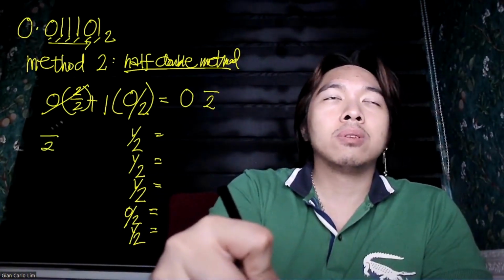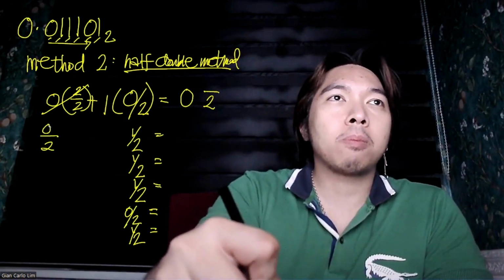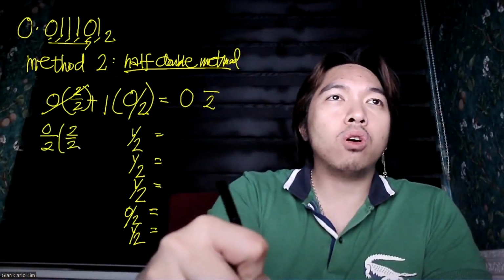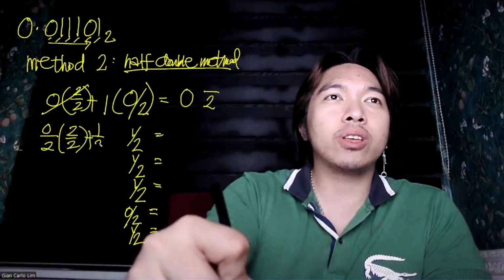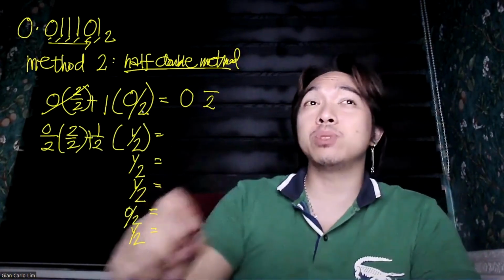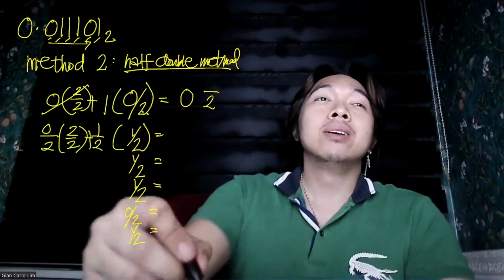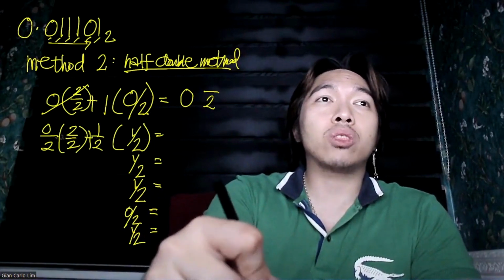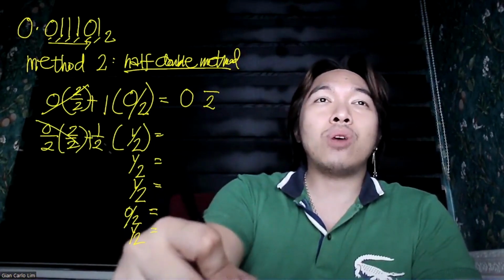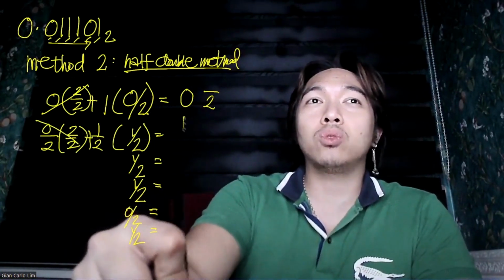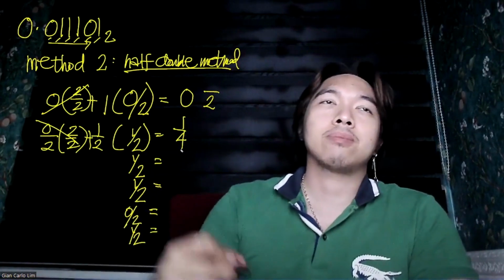Okay. So 0/2. 2/2 plus 1 over denominator na 1/2 at itatimes mo siya dun sa may bit. So 0/2 times 2/2, wala pa din yan. And then 1/2 times 1/2 is equal to 1/4.